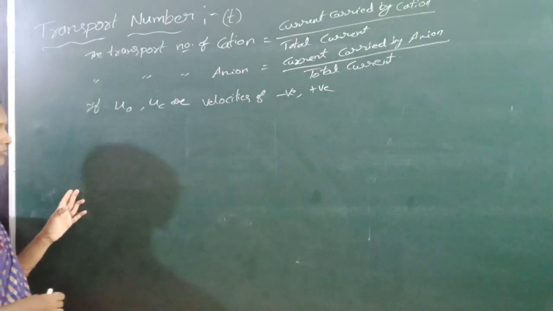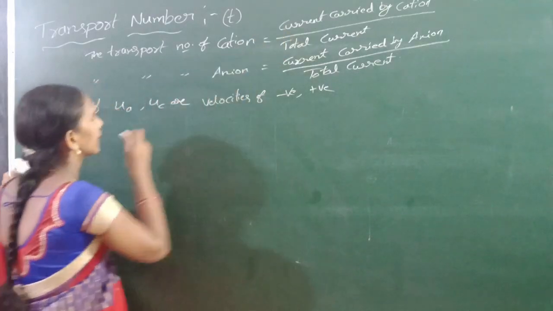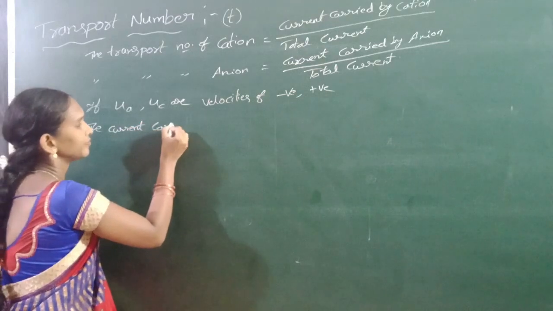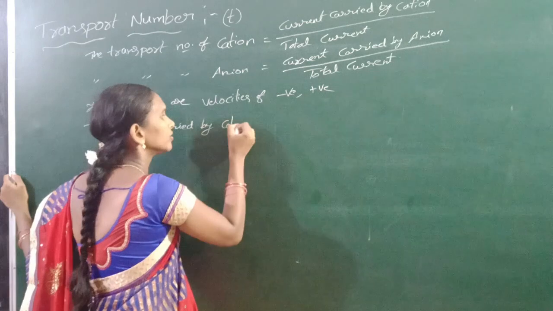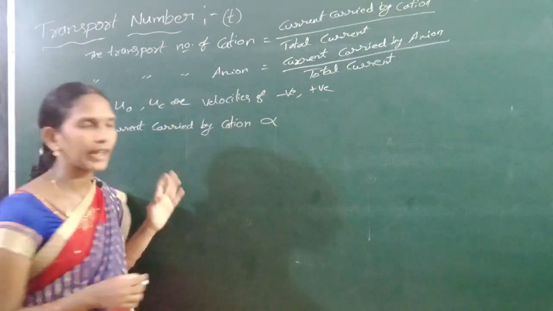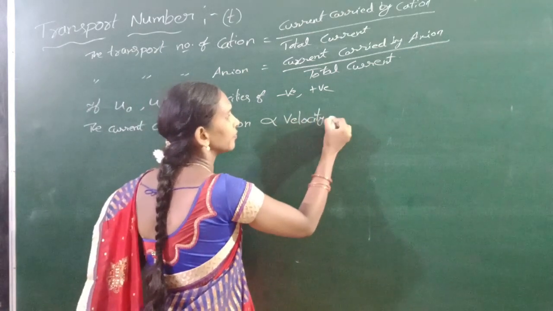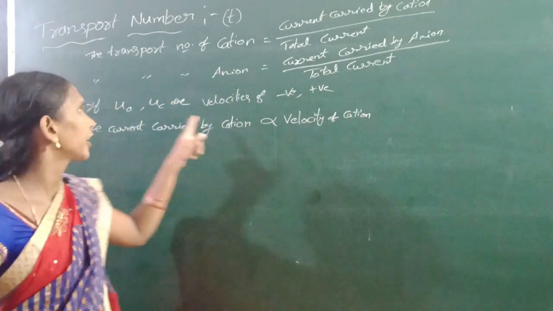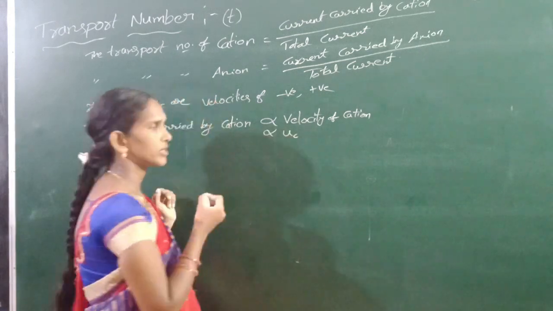Next, the current carried by cation is directly proportional to the velocity of cation, that is UC.